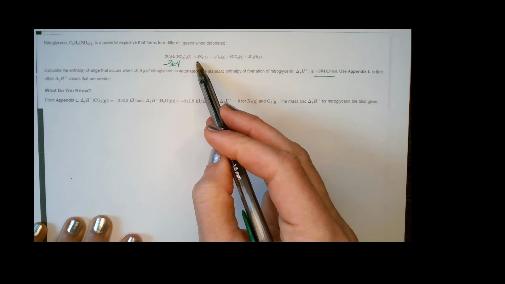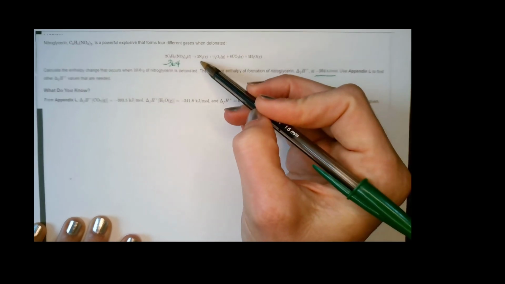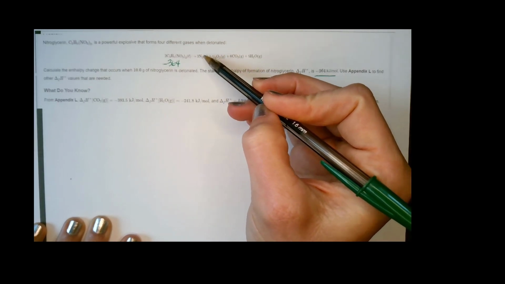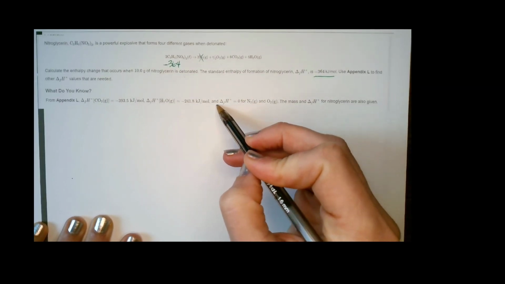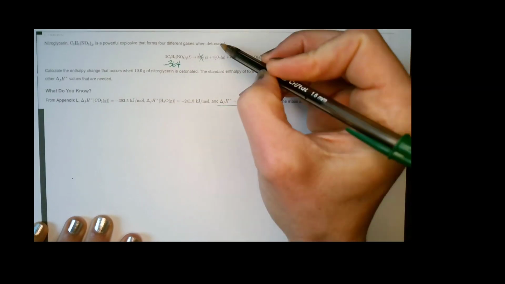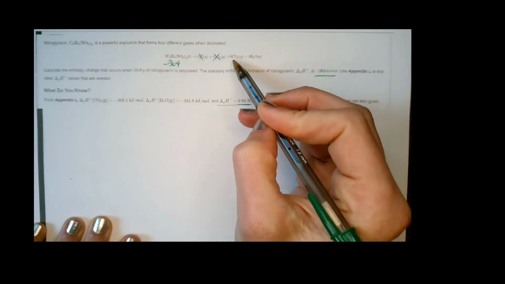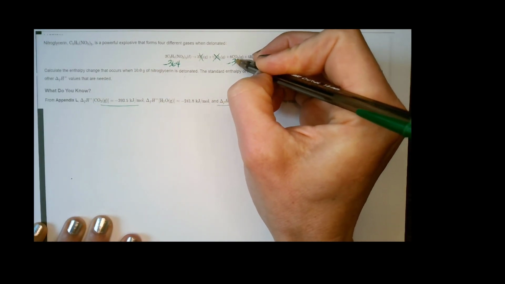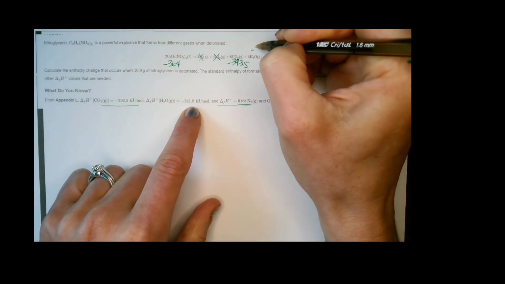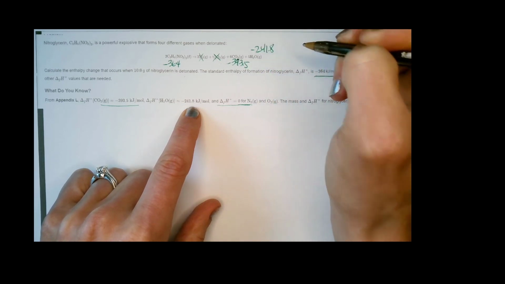All right, we know that lone elements in their natural state, so this nitrogen we know is 0, right? The heat of formation for nitrogen is 0, and for oxygen, 0. But we can look at the back of the book and see that the CO2 enthalpy of formation is negative 393.5, and for H2O gas, H2O is negative 241.8.